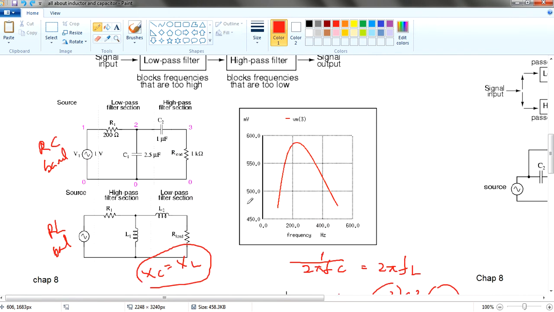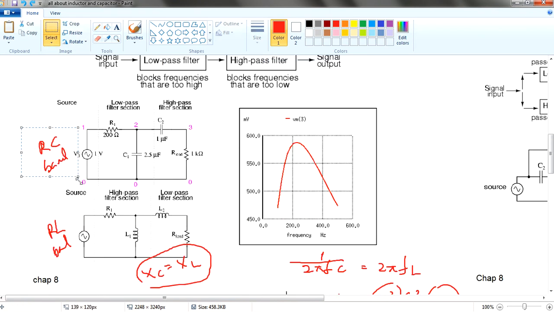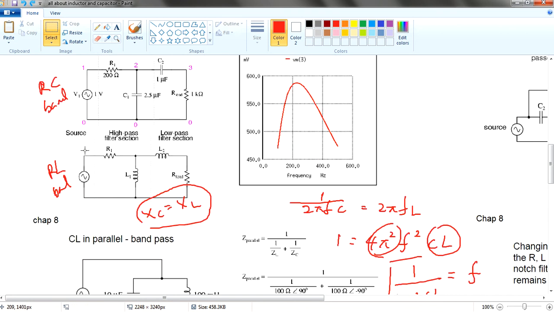So these are the three methods of creating a bandpass. The first method is you take whatever you learned for RC and RL, then you put them in series, and you have a bandpass filter: an RC bandpass filter and an RL bandpass filter.